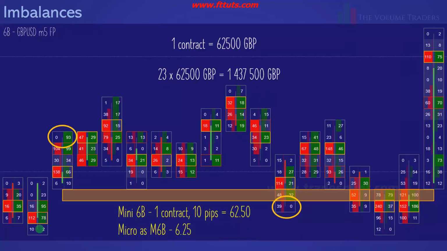So there's a high probability that the price will come back here in the near future, that this level will attract the price to potentially finish the auction and decide where the price wants to go. But as I said, this is only theory, and I don't use this. So to find the imbalances, you should always focus on the middle part of the candle, without the first and last cluster.